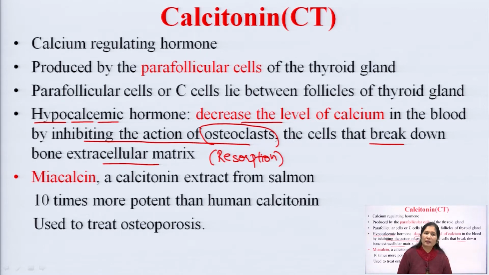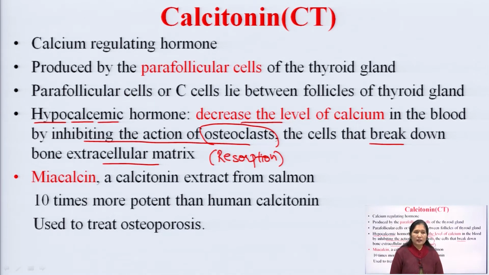Because of the breakdown of the extracellular matrix of bone, calcium will be released and come into the blood, but calcitonin wants to reduce the blood calcium level. So, it will stop the action of osteoclasts, so that there is no more breakage of the extracellular matrix of the bone, no more release of calcium into the blood. We will discuss it in detail in the next slide.